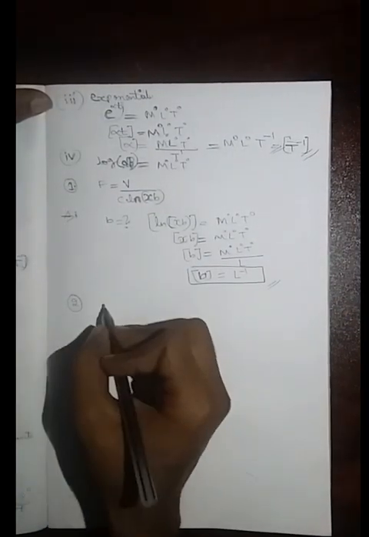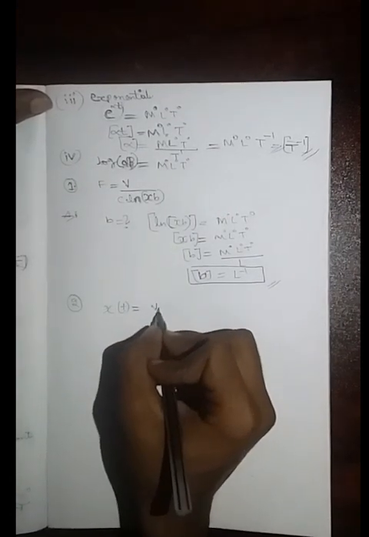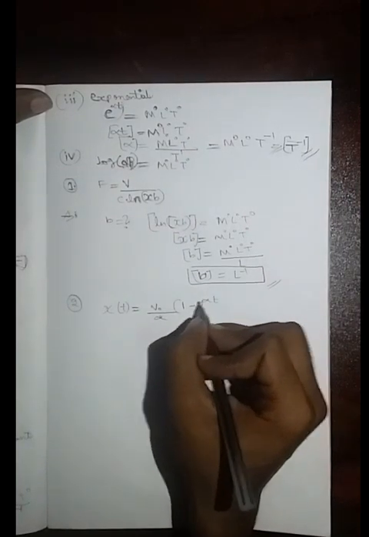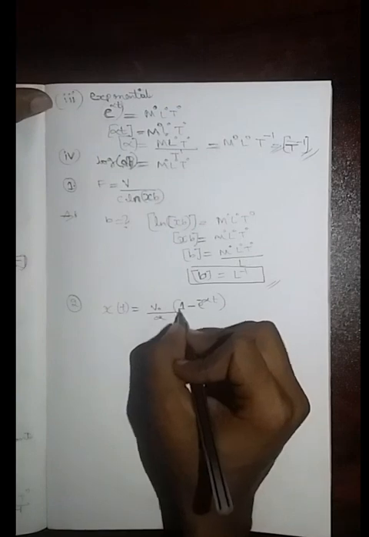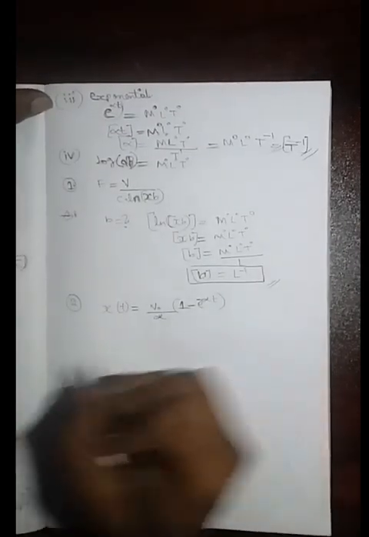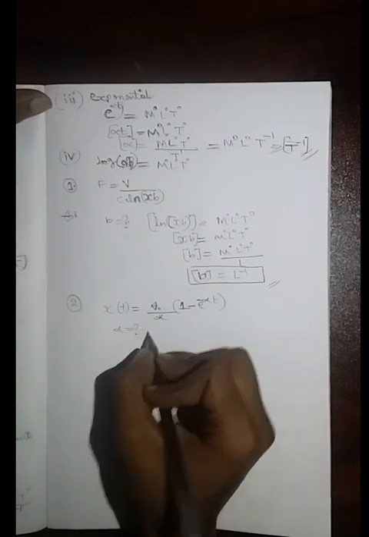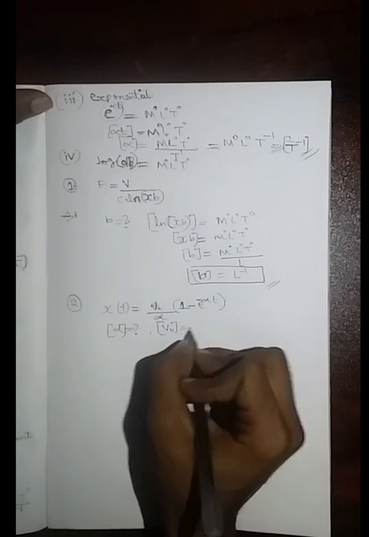So let's take another question. x of t equals v naught by alpha times 1 minus e power minus alpha t. The given question is to find the dimensional equations of alpha and v naught.